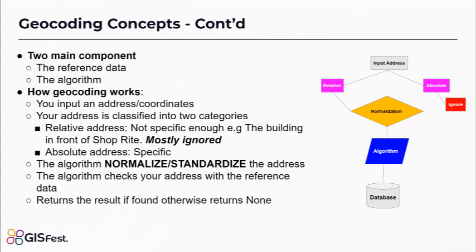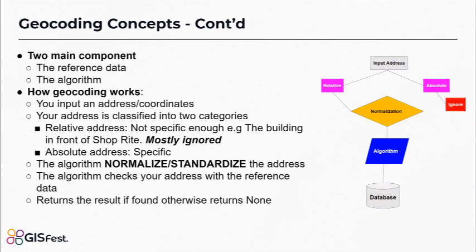In the US, they have a different address system. In Nigeria, we have a different address system. So depending on the country, that's what informs the algorithm that normalizes the address. So it's split into those different categories and then checked against what we have in the database.